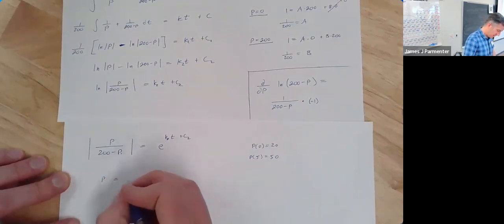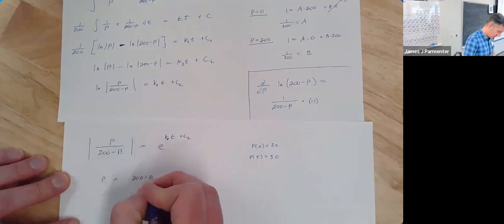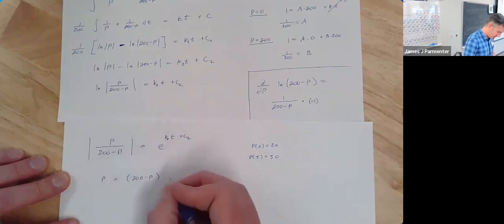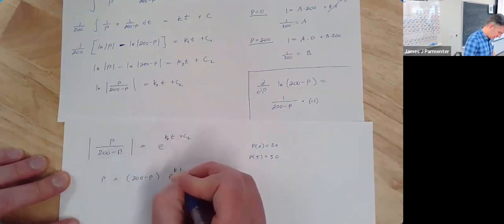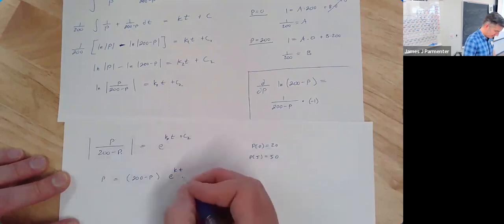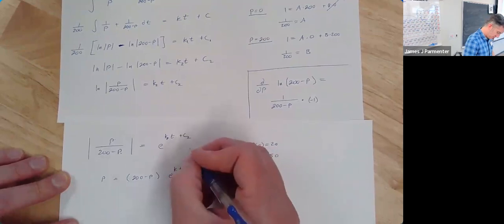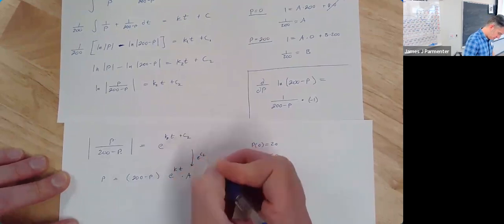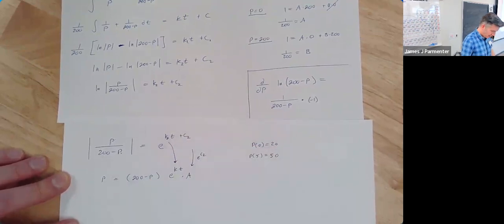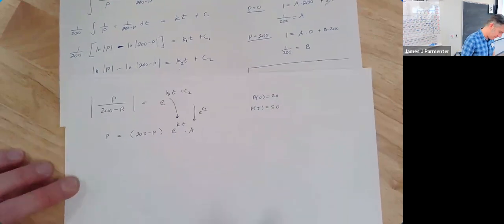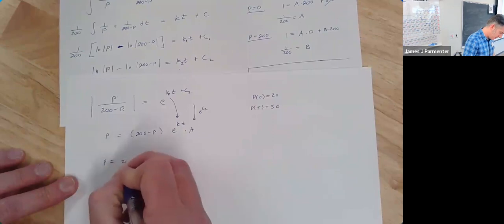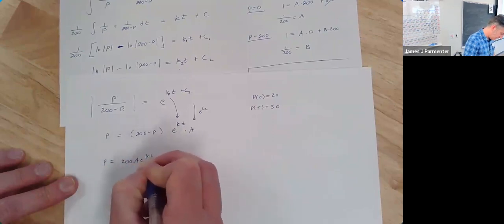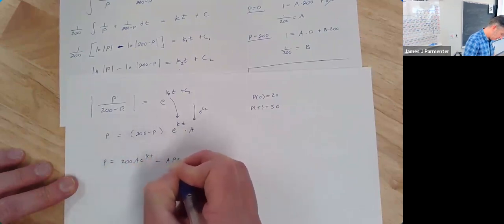Okay, so drop the absolute values, and then people do all kinds of weird stuff. I'm going to say P over 200 minus P equals all this, which is e to the KT times e to the C, which I'm going to call A. And then, right, how much time do I have? Not much time. I have a minute. So then you get P equal to 200 A e to the KT minus A P e to the KT.